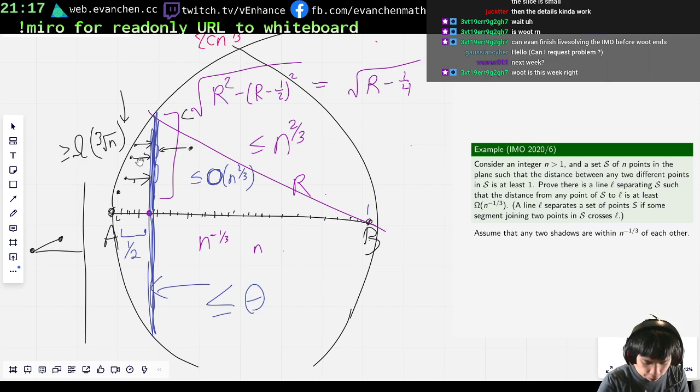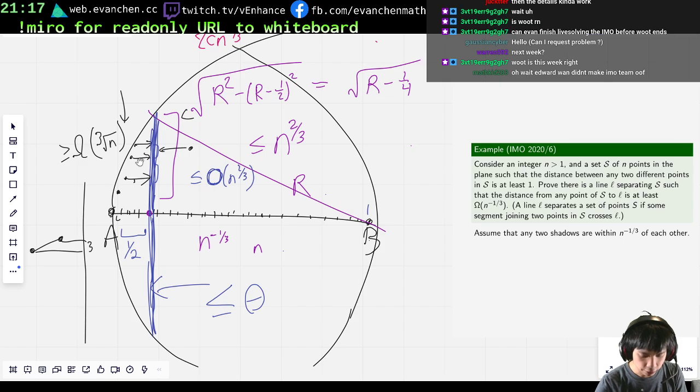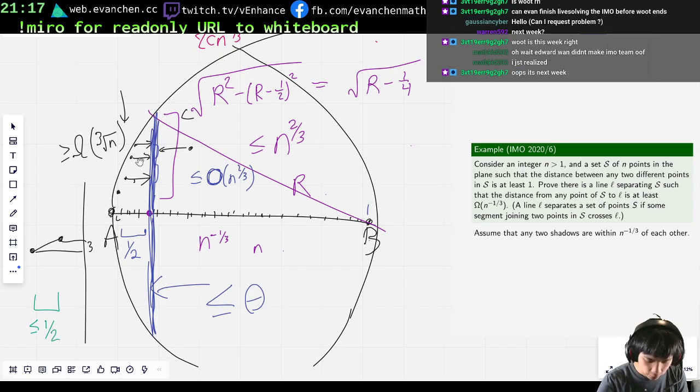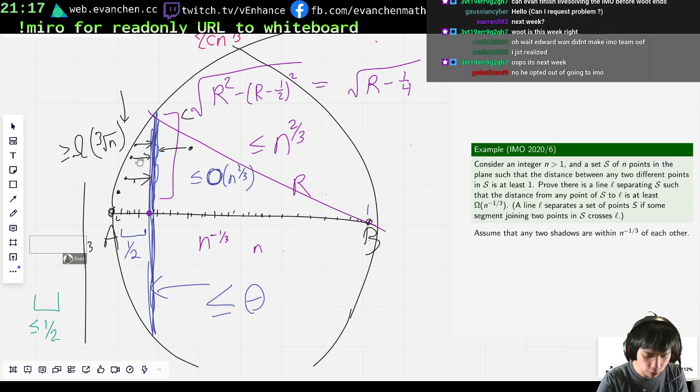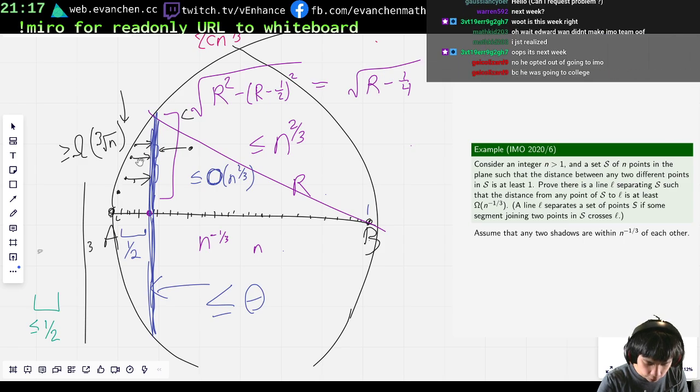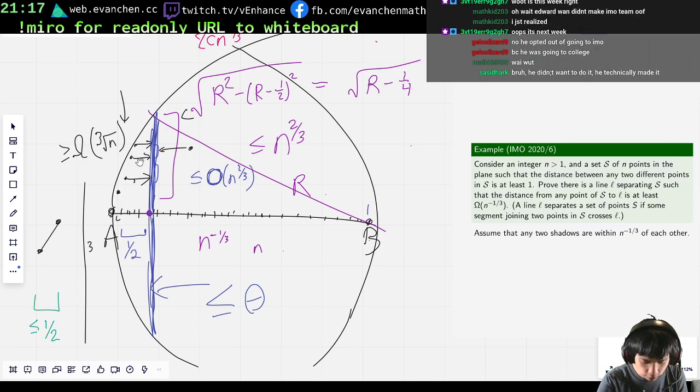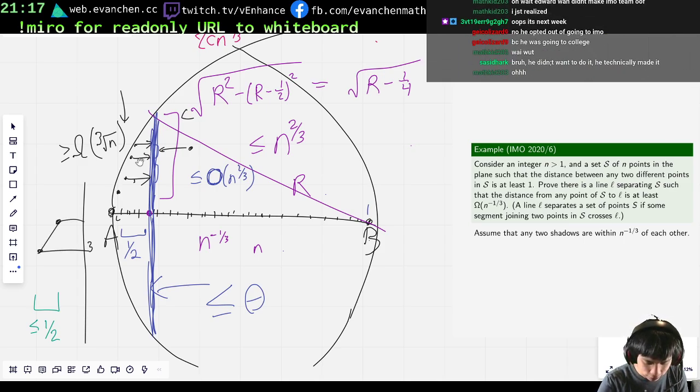So you might imagine maybe the shadows are close, but there isn't. And the reason is that we picked this guy to be less than or equal to 1/2. So because the region is so narrow, all the shadows have to be at least √3/2.